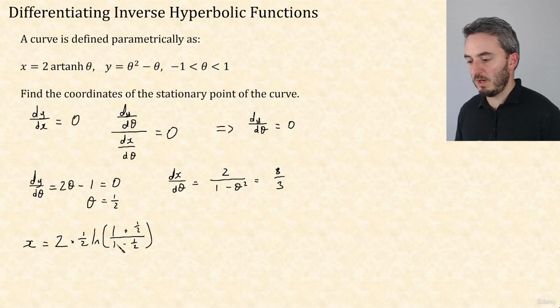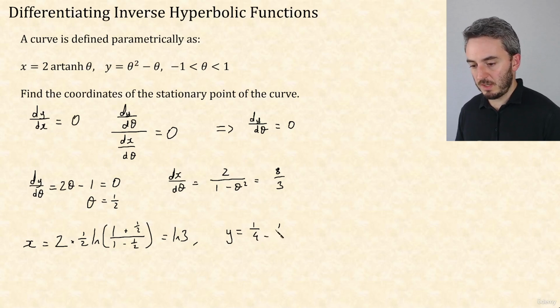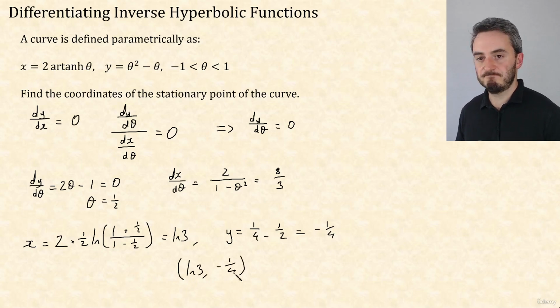So the 2 and the half cancel and we just get ln 3. Okay, that's fine. And then y is a half squared, which is a quarter, minus a half, which is minus a quarter.